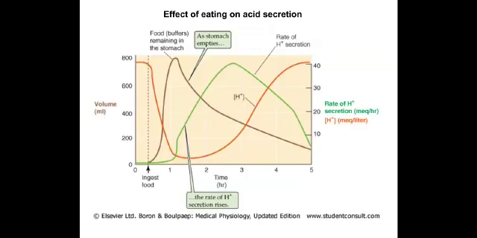So once you start consuming food, the acid secretion follows this pattern, depending on the food remaining in the stomach and the rate of H secretion. So what is gastric motility? You all must know what gastric motility is, which is very important to understand the concept of gastric emptying time.